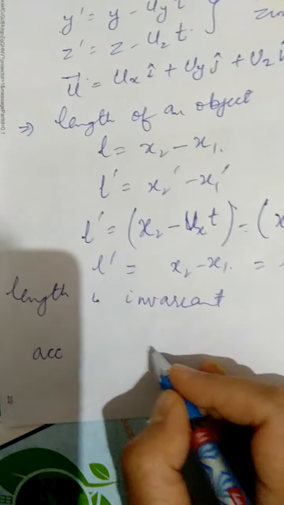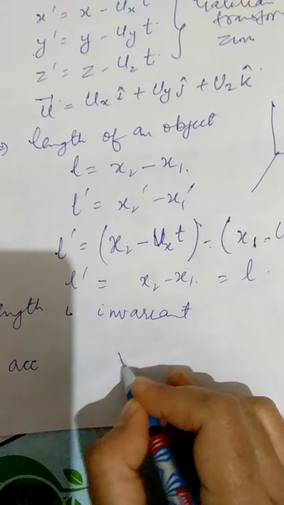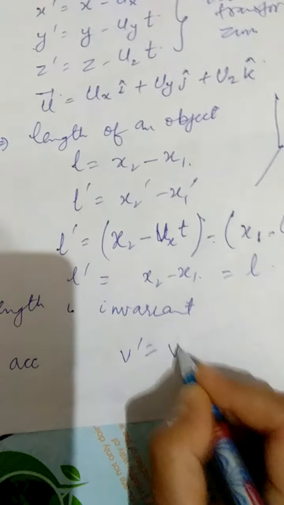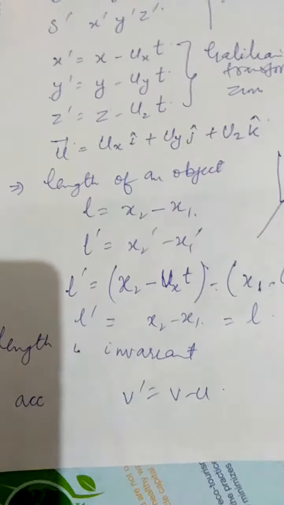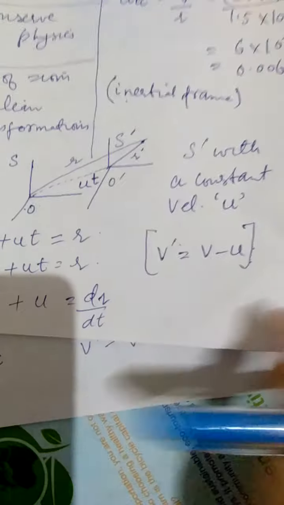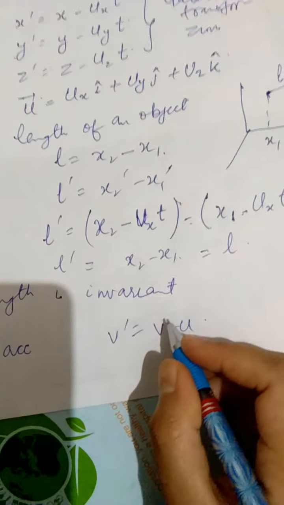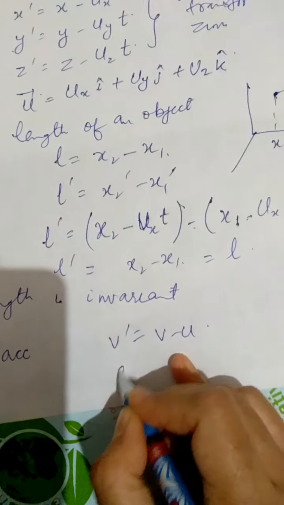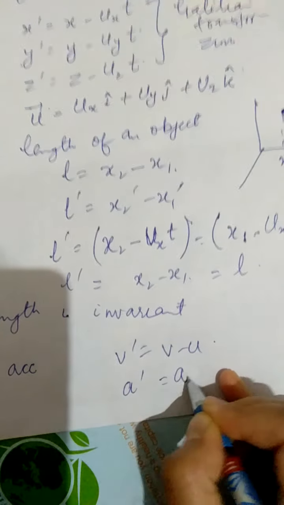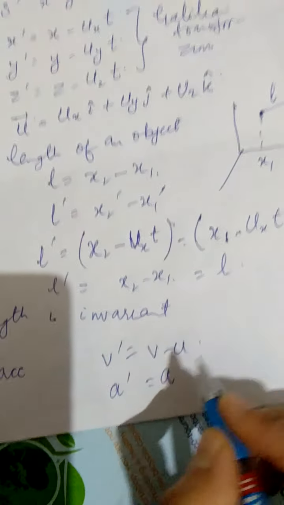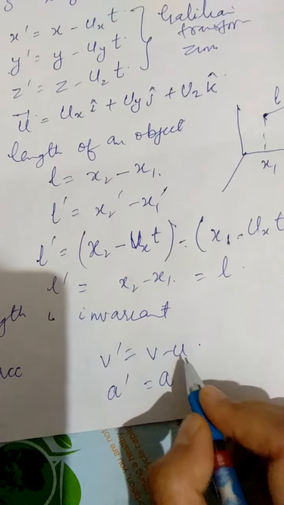Again, we'll make use of this equation that v dash is equal to v minus u, right? We obtained that somewhere here. We obtained this equation, v dash is v minus u. So from here we can find acceleration by differentiating it with respect to time. Obviously a dash is equal to a, because u is a constant. Because the velocity of the moving frame is constant, this will be 0.